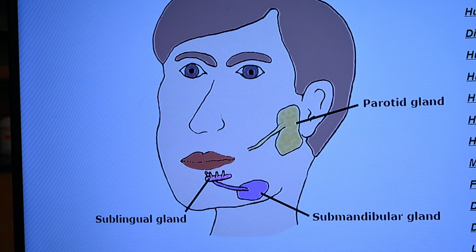There's glands in your tongue, there are glands in your gums and palate. So all around inside your mouth there are minor salivary glands that produce saliva in addition to your named salivary glands.